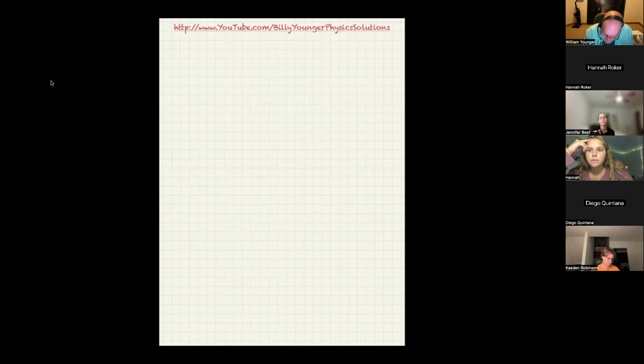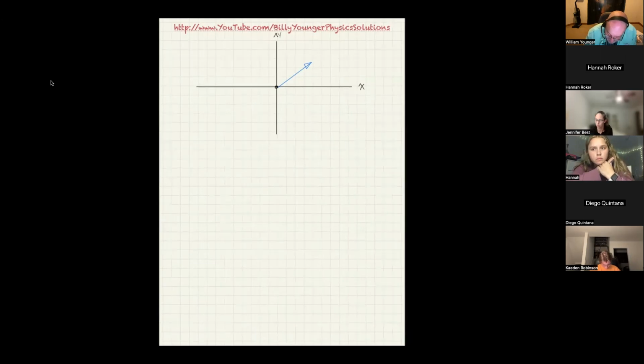So what I'll do is I'll draw coordinate axes again. Like this. Okay, let's start off with this vector. What I want to do is walk parallel to the x-axis and parallel to the y-axis, and I need to go from the tail to the head.